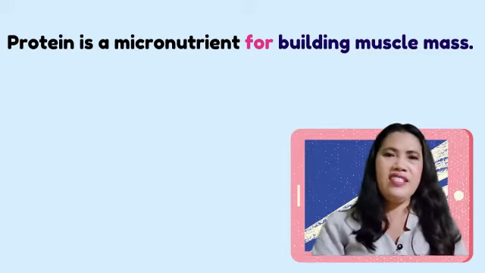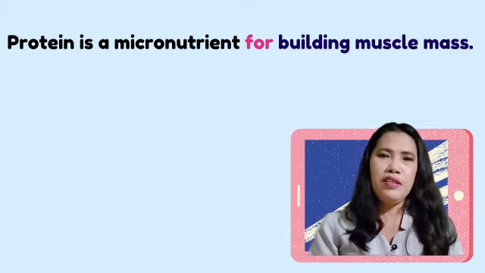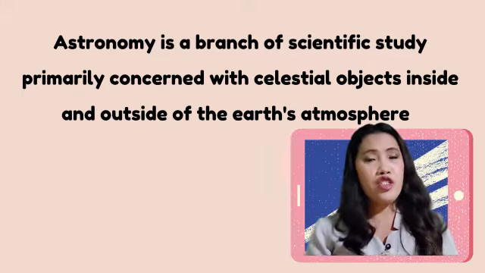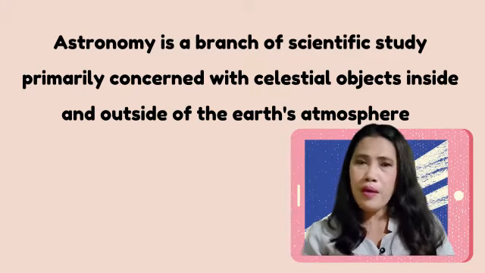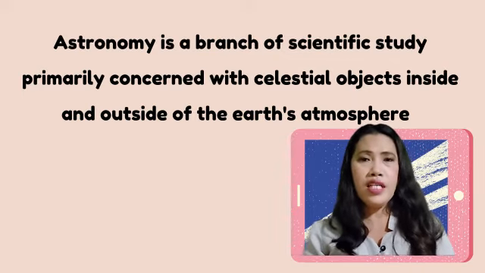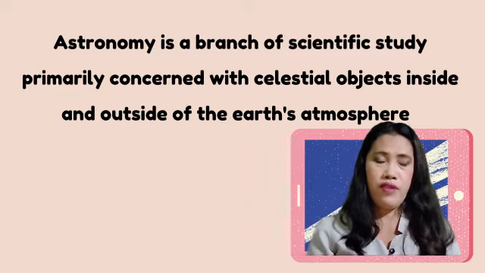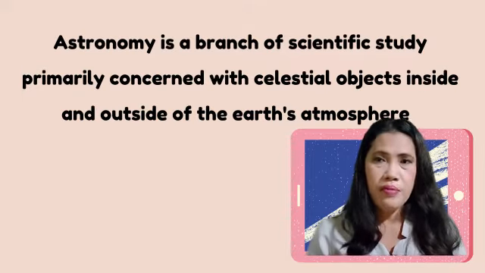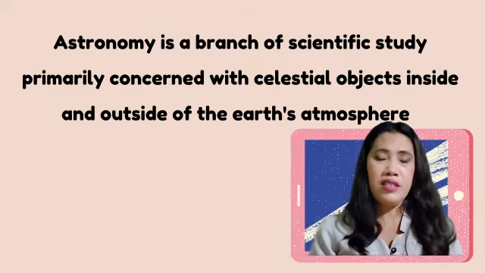Last but not least is the participle. This time we have the example: astronomy is a branch of scientific study primarily concerned with celestial objects inside and outside of the Earth's atmosphere. Here it is very clear that the word concerned is labeled as the past participle.